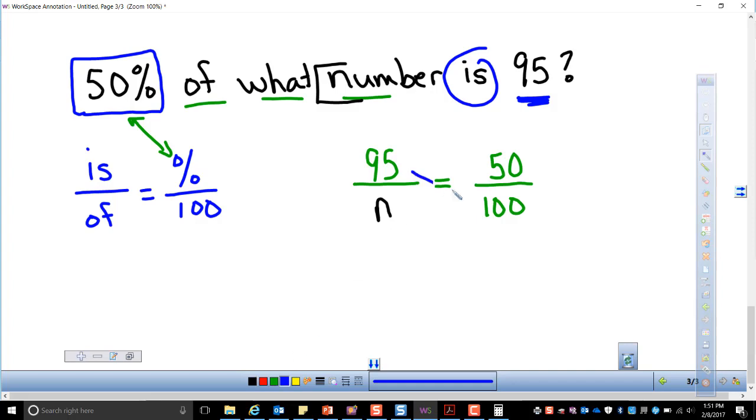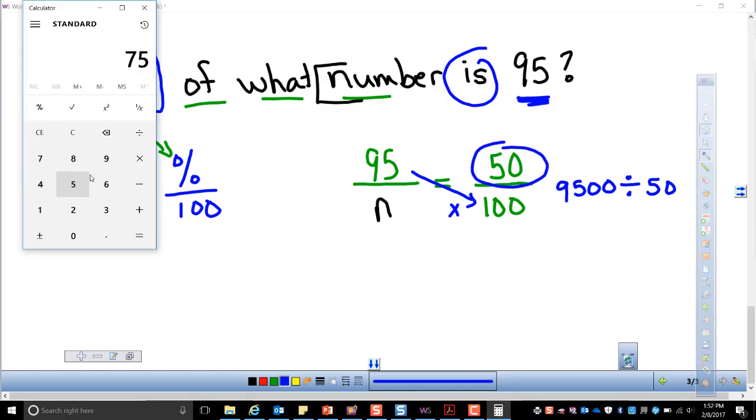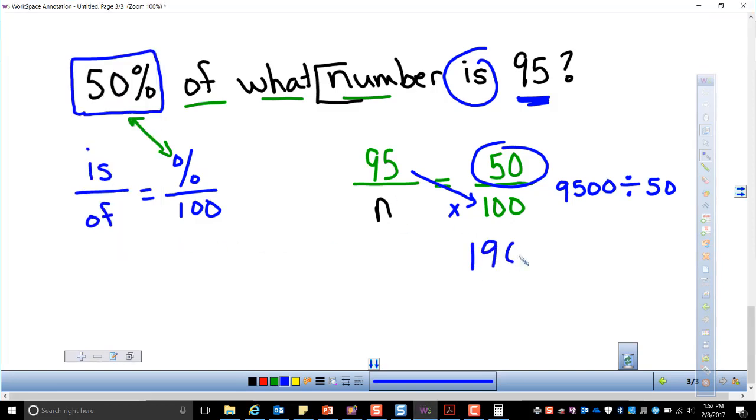And then to solve, you're going to multiply. So I get 9,500. And then I'm going to divide by 50, because here's my 50. So I take 9,500 divide by 50. I get 190 is my answer. And that's a number, not a percent. It's a number.